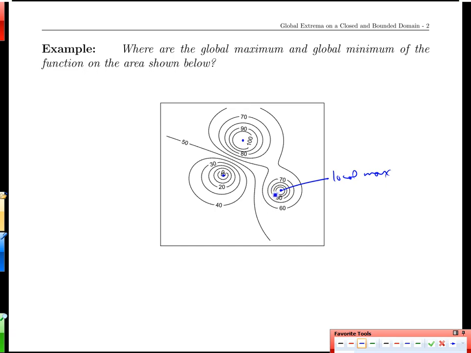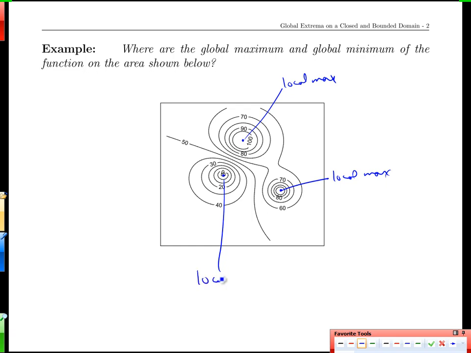If we have this nested structure of contours, we can tell in this case, because the values are going up, we're heading towards a local maximum. And likewise, 60, 70, 80, 90, 100, we're also heading towards a local maximum here. And in this set of nested values, we're actually going down into a valley because the values of the contours are going down: 40, 30, 20, 10, down to 0.